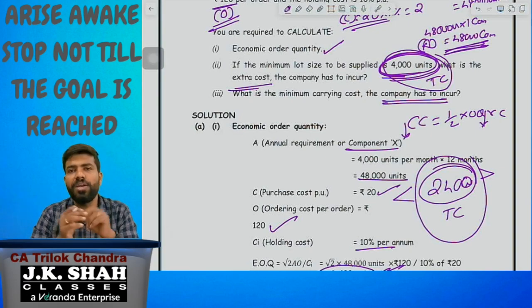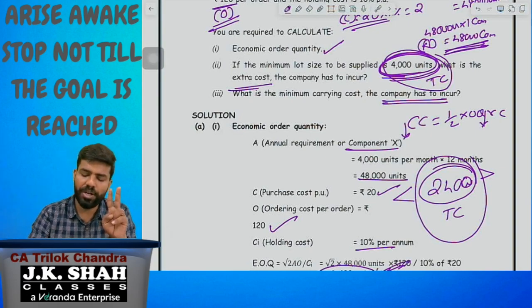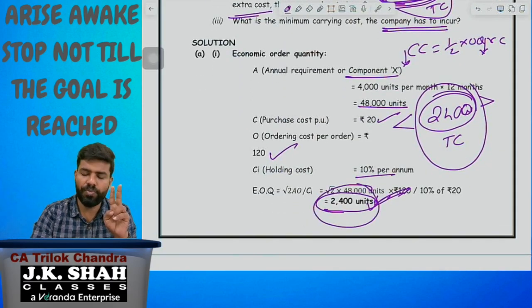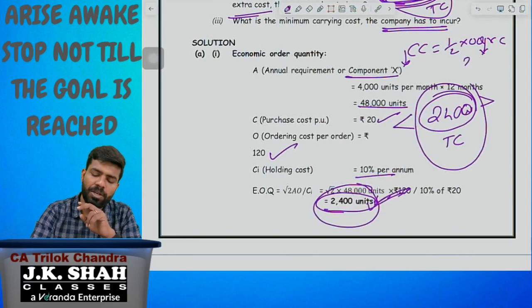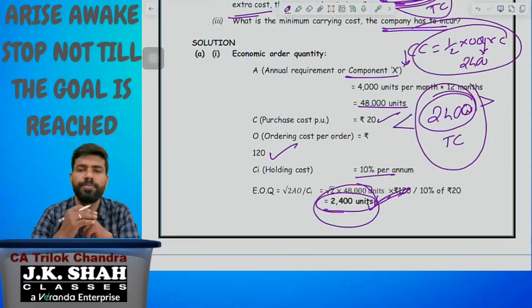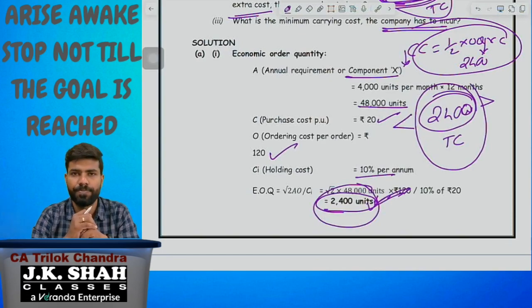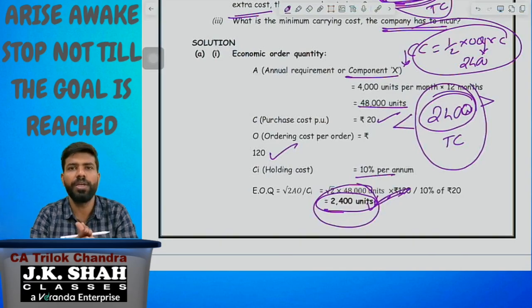In this question, there are two ordering quantities, 2,400 and 4,000. Out of these two, 2,400 is less. So calculate the minimum carrying cost using 2,400 units. This is the answer for question number 7. So by this, we're done with the stock levels. Okay.